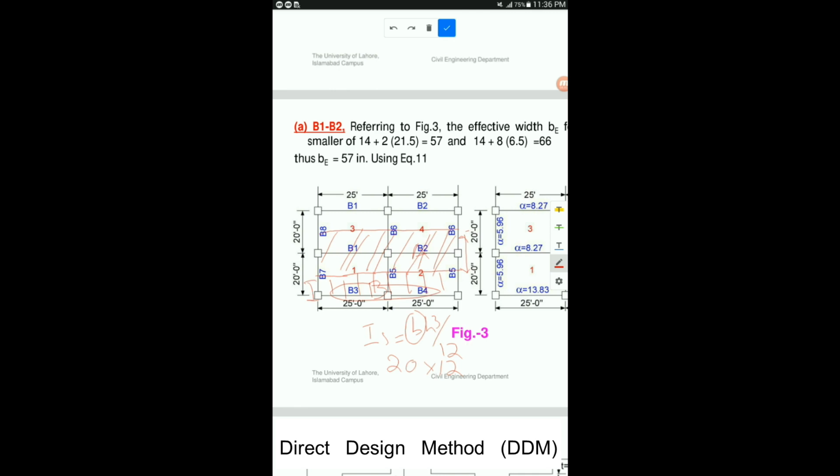So for B3 and B4, the value of B will be equal to 10 into 12. So this is the concept for calculating the value of B, which is the width of slab. For rigid frame A, the total width will be taken, and for rigid frame B, half will be taken.